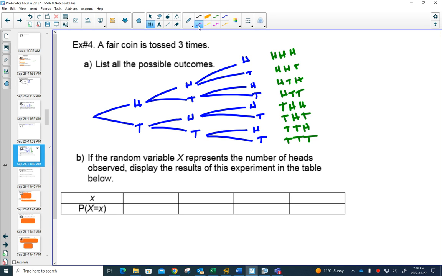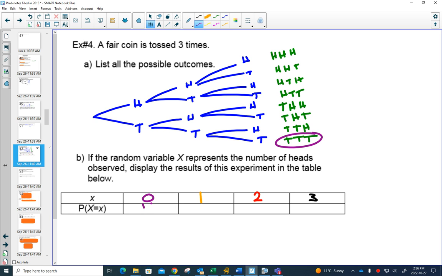Okay? Now, if X is the number of heads, you could get 0 heads, 1 head, 2 heads, or 3 heads. And that's the only one with 0 heads.